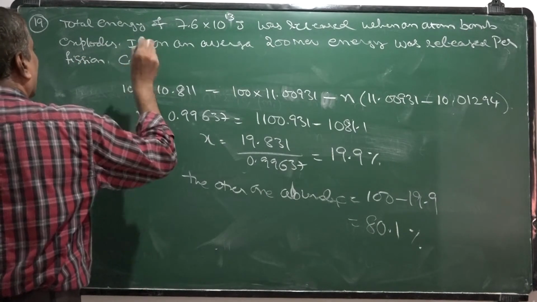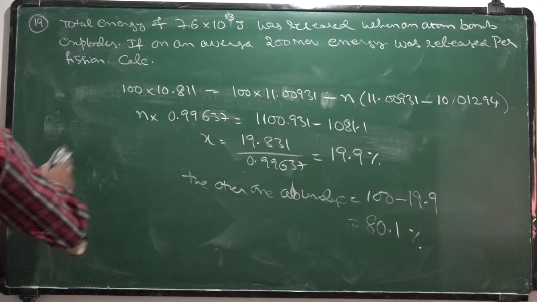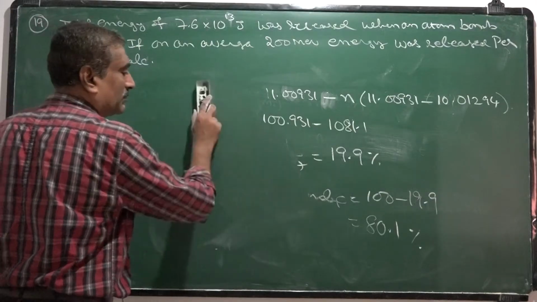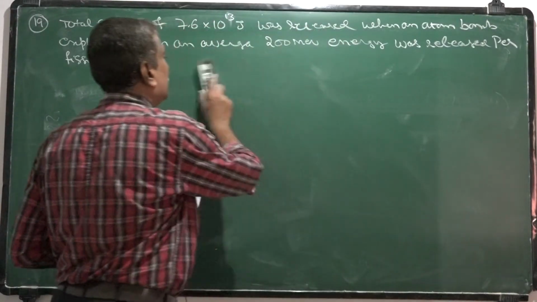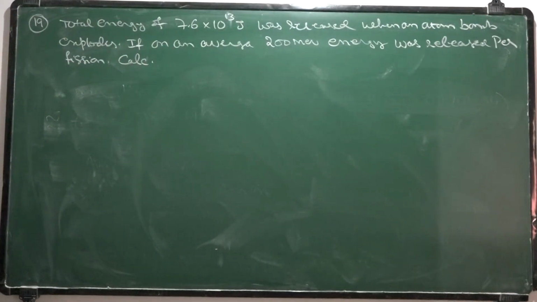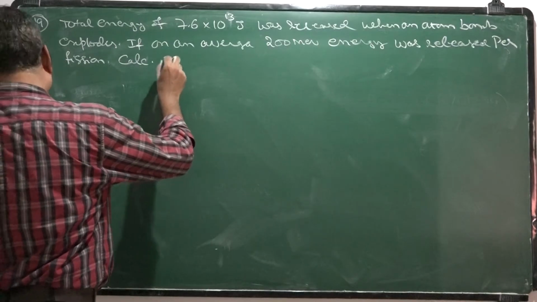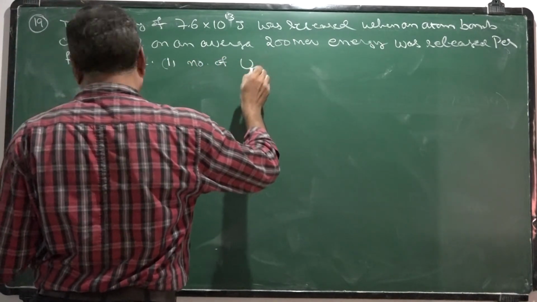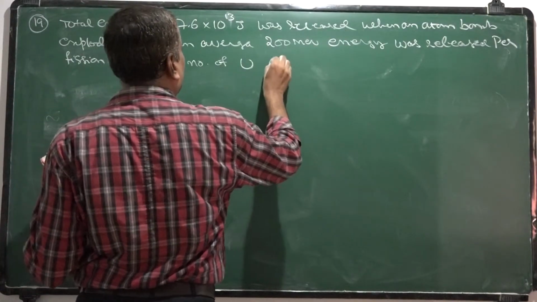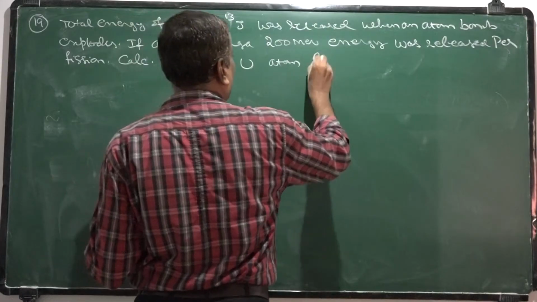calculate number 1, number of uranium atoms fissioned.